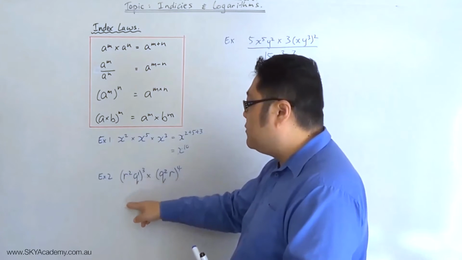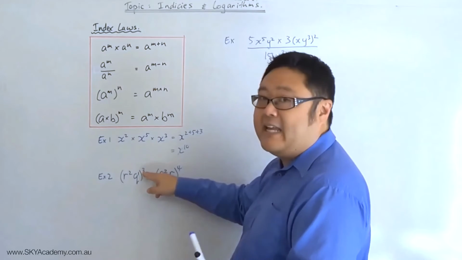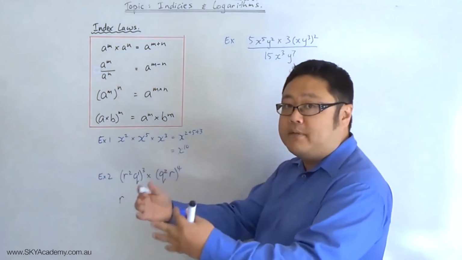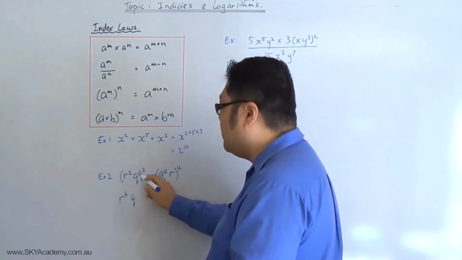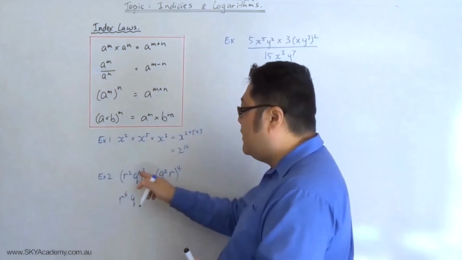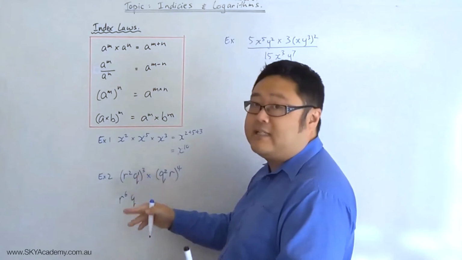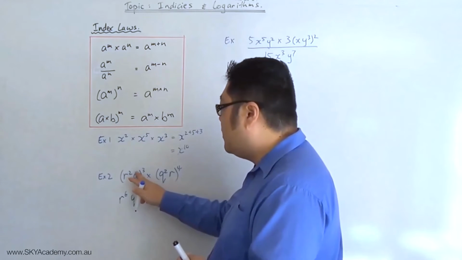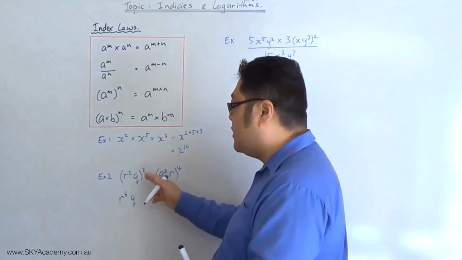We get r to the power of 2, again to the power of 3, which gives r to the power of 2 times 3, which is r to the power of 6. You've got q to the power of 1 times 3. Now the 1 usually isn't there; I've put it there just so that you see what's going on. Usually you'd see q by itself, but if it's q by itself, it's q to the power of 3.